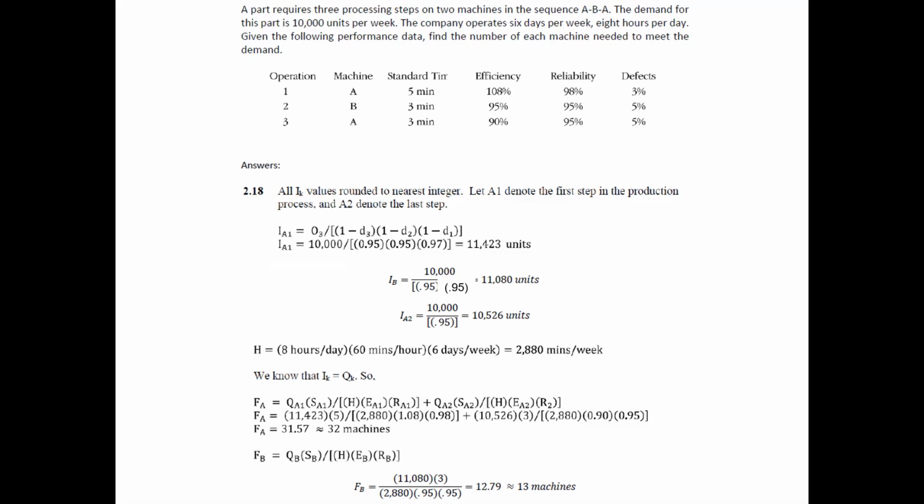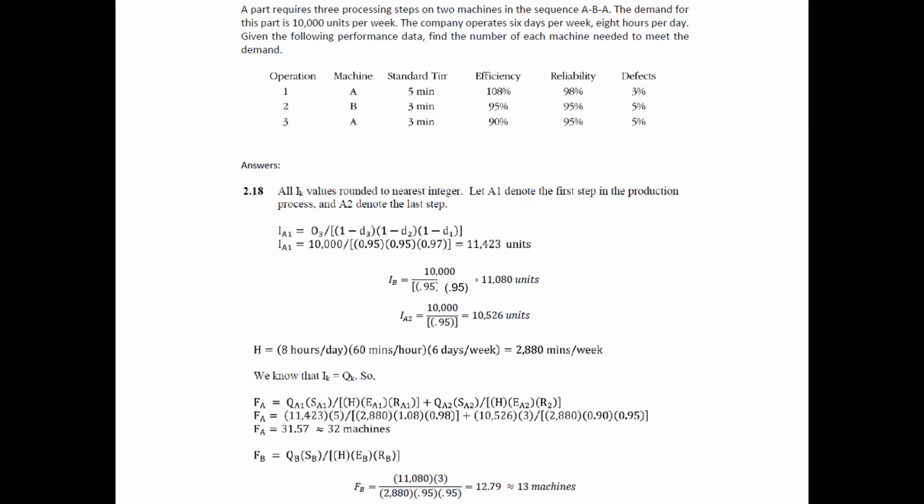In this case, we are working with minutes. So in order to get H, we look at the information given: the number of hours a day and the number of days per week, and we transform everything into minutes. So it's 2,880 minutes per week.